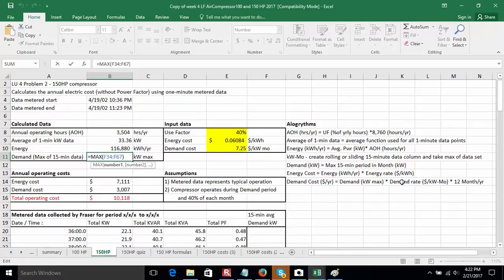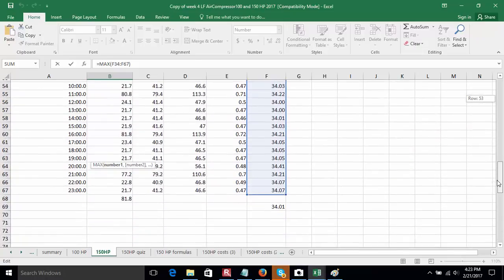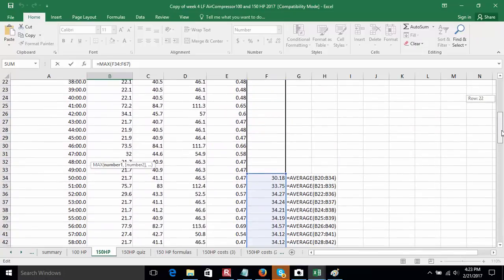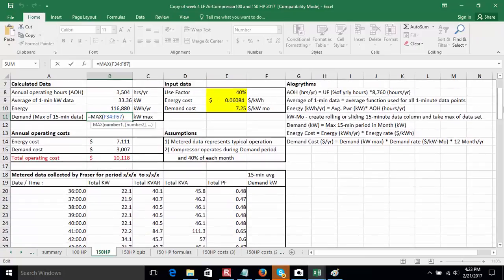Now let's see, it's taken the max of F34 to F67, the max of that rolling demand. So energy is kilowatt hours times dollars per kilowatt hour, and then the demand cost.